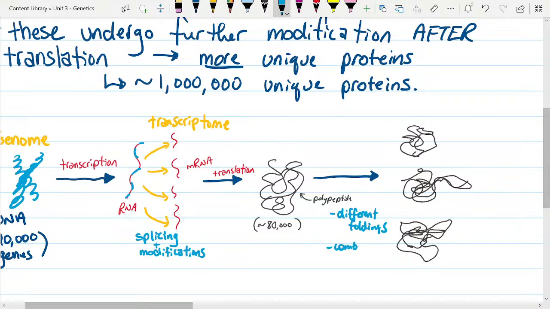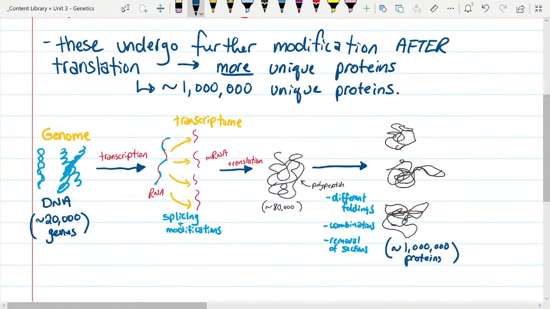We get combinations of different ones, right? And we get removal of sections. All of which leaves us with roughly 1 million proteins. Does that make sense? Now, there's nothing we've just drawn that we hadn't written in the words above, but I think sometimes drawing it out is helpful.